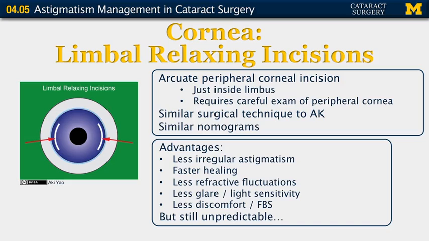The surgical technique is otherwise very similar to astigmatic keratotomy, and there are similar nomograms that can be used. The advantages, as compared to AK, are less irregularity, faster healing, less refractive fluctuations, less of the other side effects, including glare and light sensitivity, discomfort, and foreign body sensation. But these can still be somewhat unpredictable.